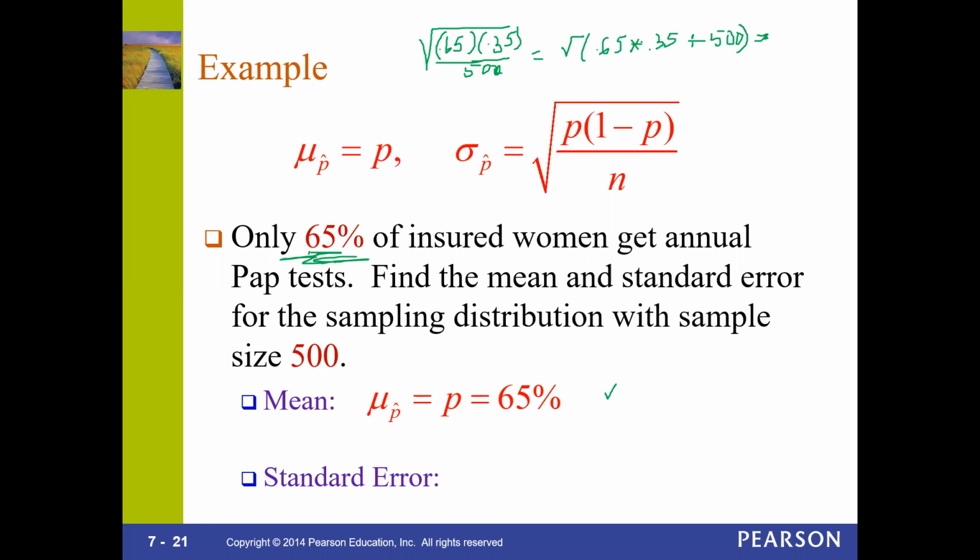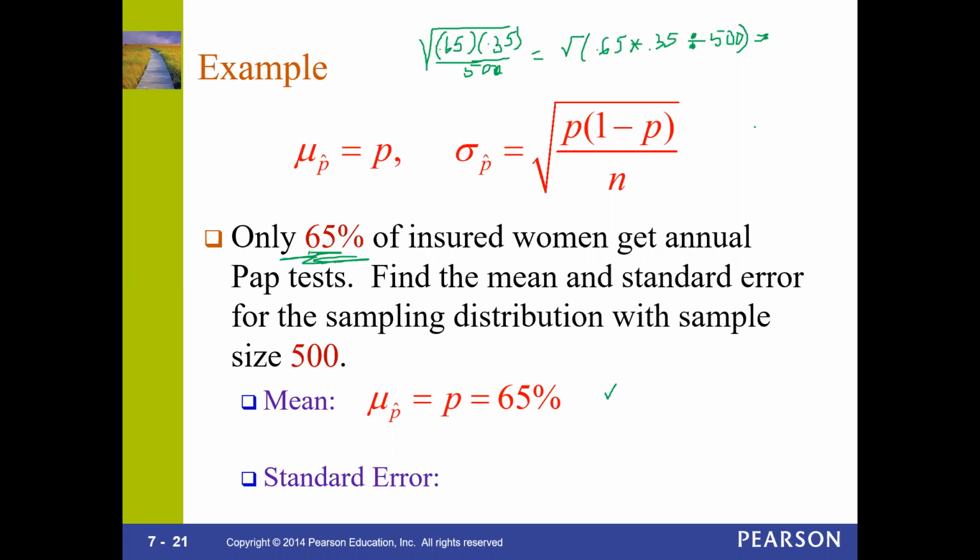You plug it in the calculator: square root of 0.65 times 0.35, not plus, divided by 500. That's a division sign. So what do you guys find for that?